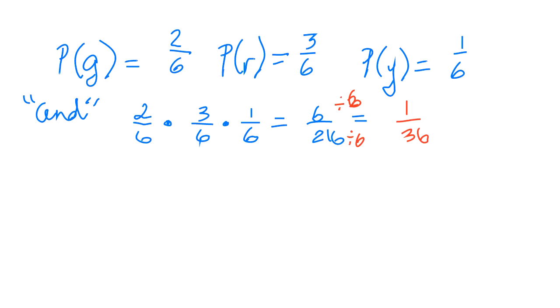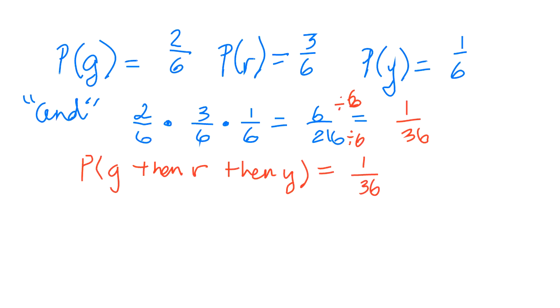So the probability of me getting a green, then a red, then a yellow, I have a 1 in 36 chance of that happening. And I knew that I was going to have to multiply. That dot means multiply.